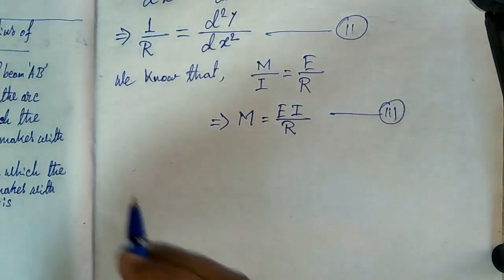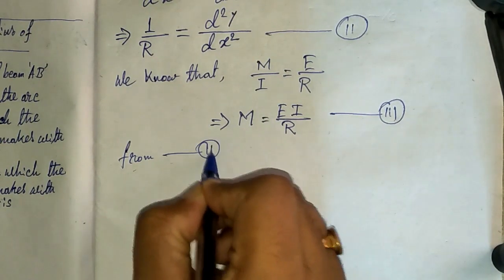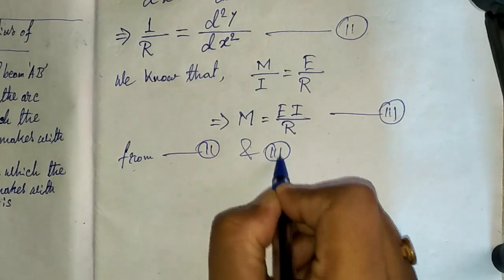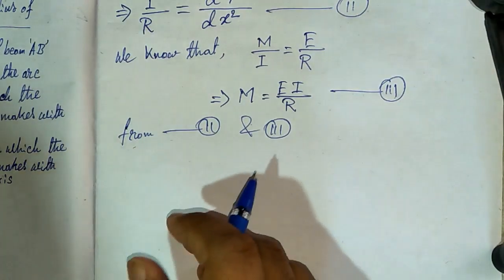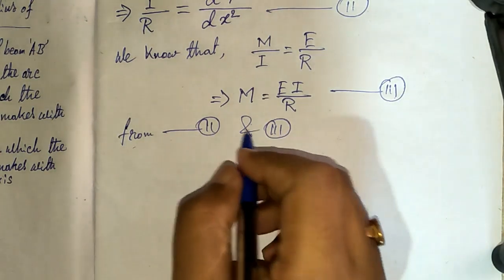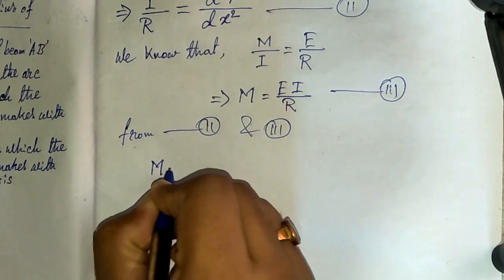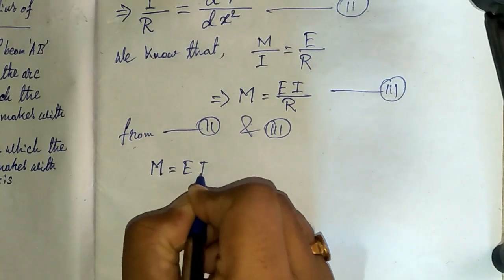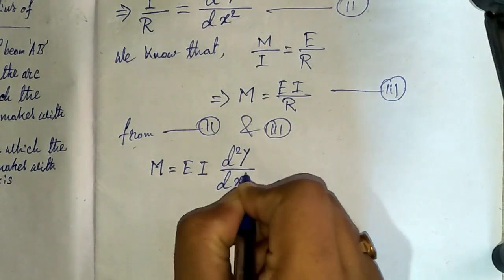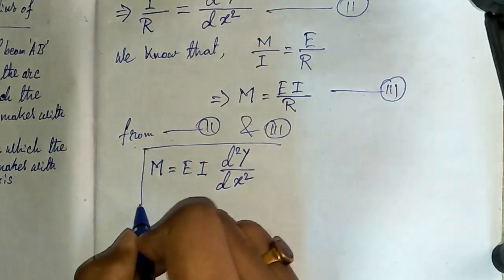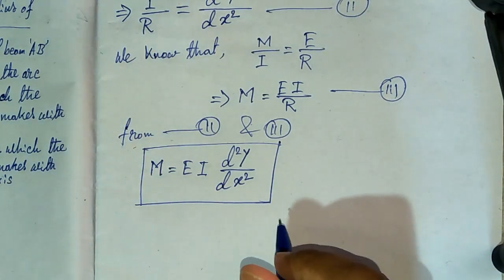From equation 2 and 3, by substituting the value of 1 by r, we can write m equals EI d2y dx2.